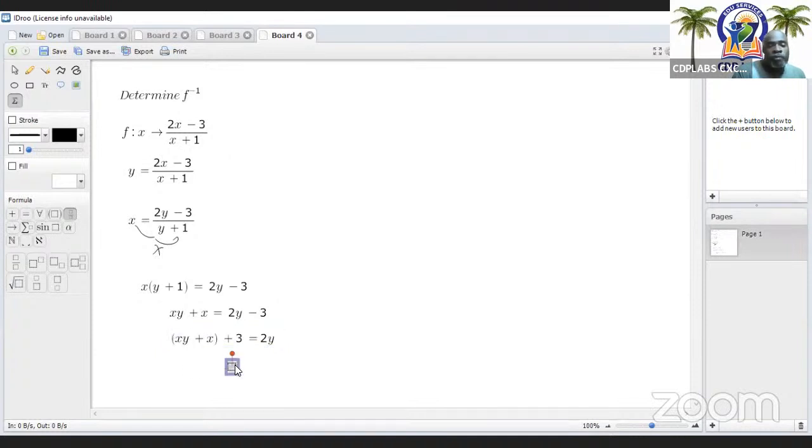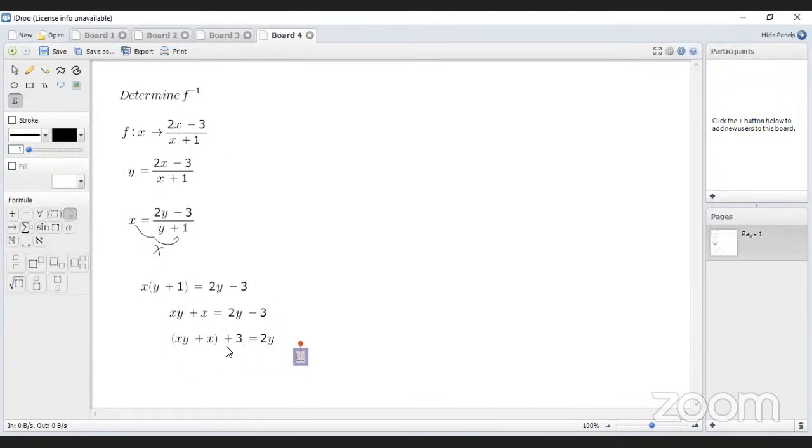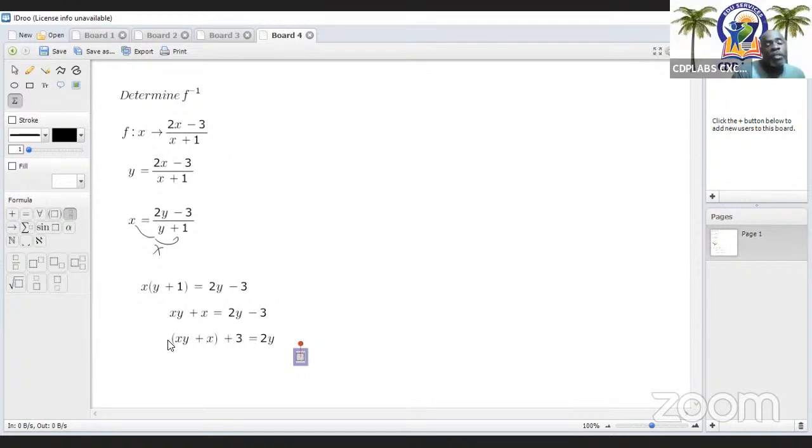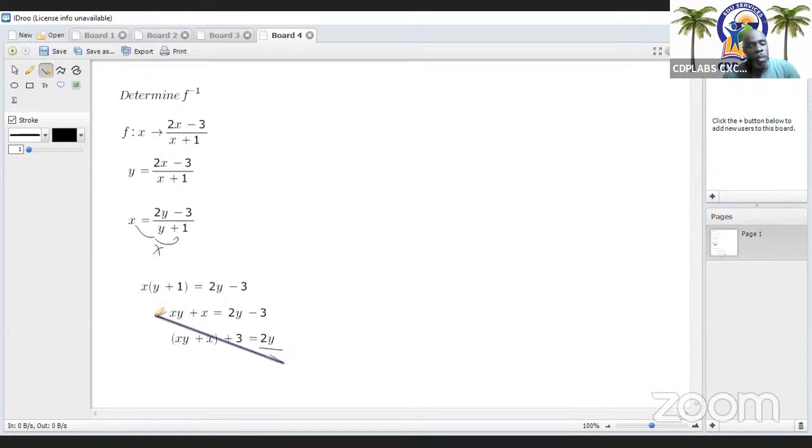But we need to carry over the 2, so we divide both sides by 2. And this one we divide by 2 too.